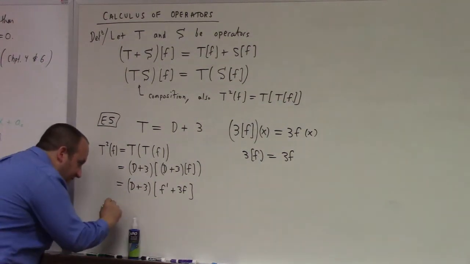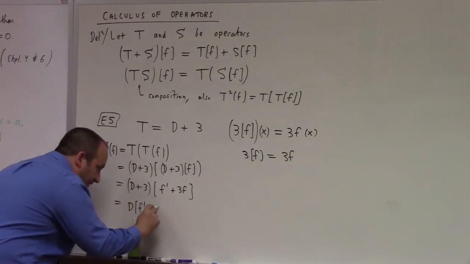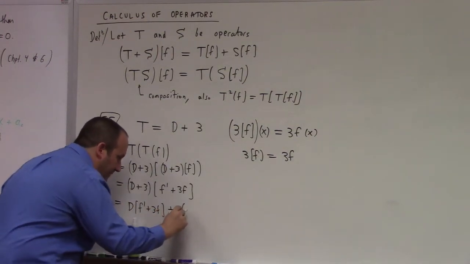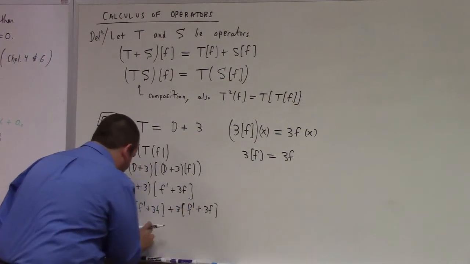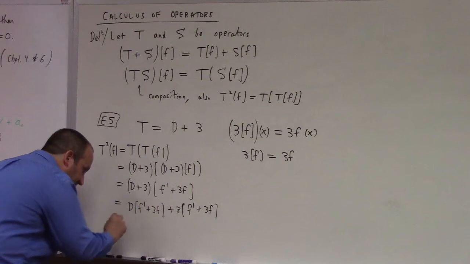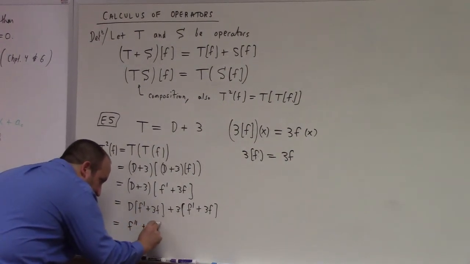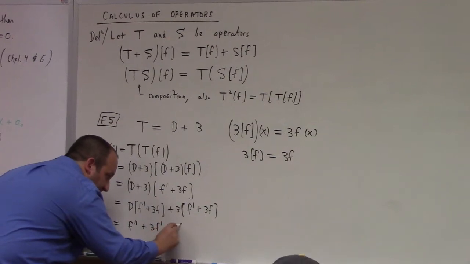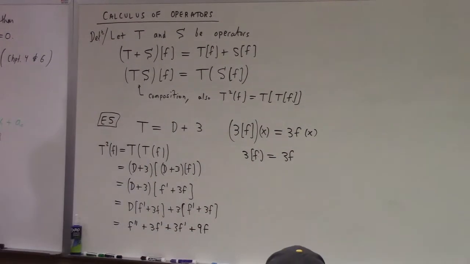So then this gives us what? This is D acting on F prime plus 3F plus 3 acting on F prime plus 3F. So this is going to be what? This is going to be F prime prime plus 3F prime plus 3F prime plus 9F, where I'm using the definition of addition of operators and also just how differentiation works, right? It's linear.